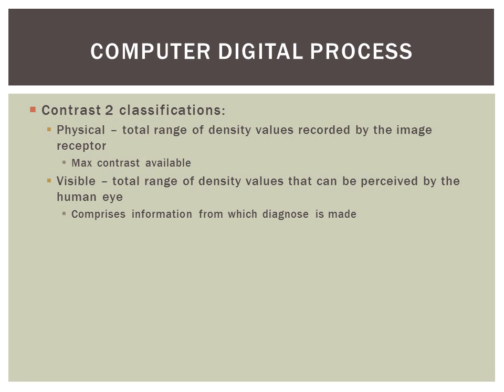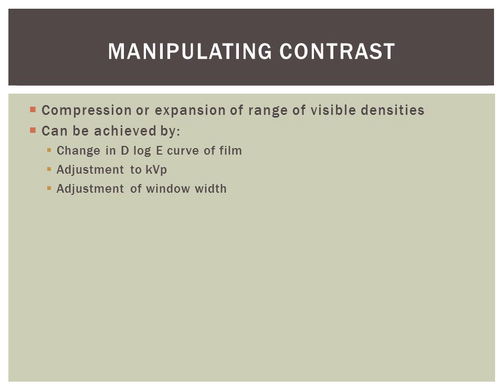Computer digital process. Contrast has two classifications, physical or visible. Physical is the total range of density values recorded by the image receptor, the max contrast available. Visible is the total range of density values that can be perceived by the human eye, which compresses the information from which diagnosis is made.